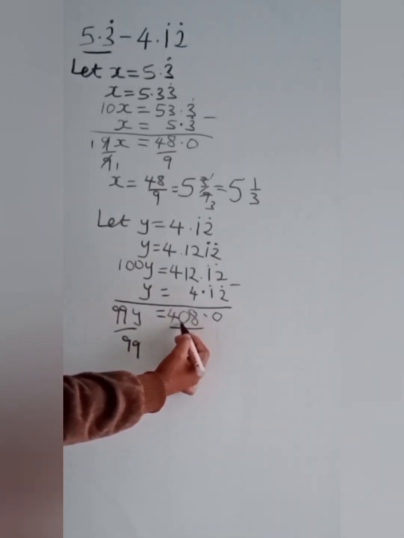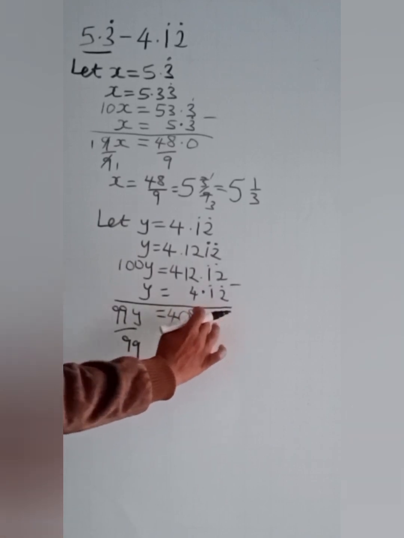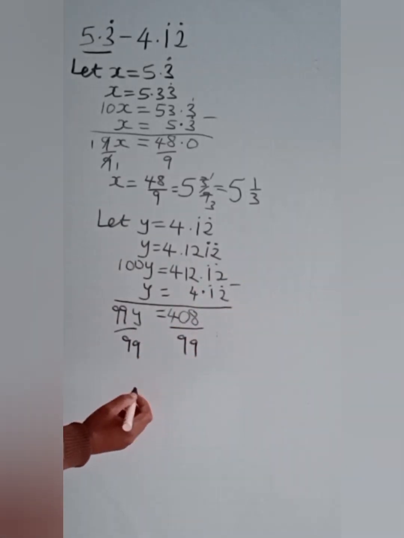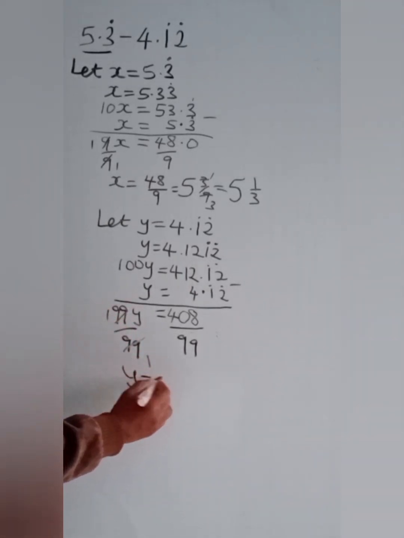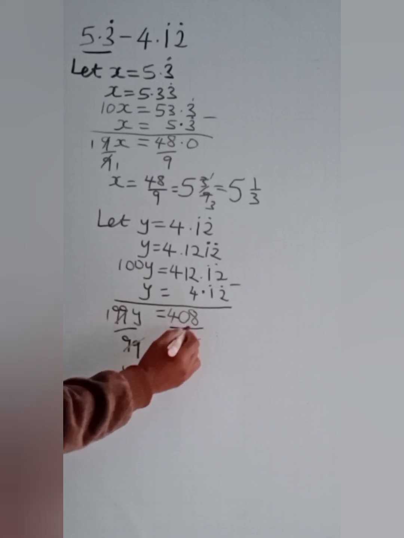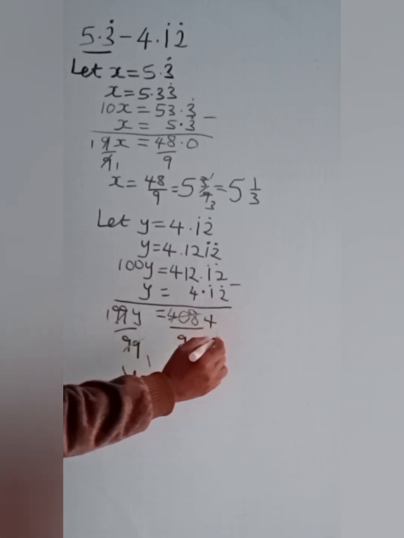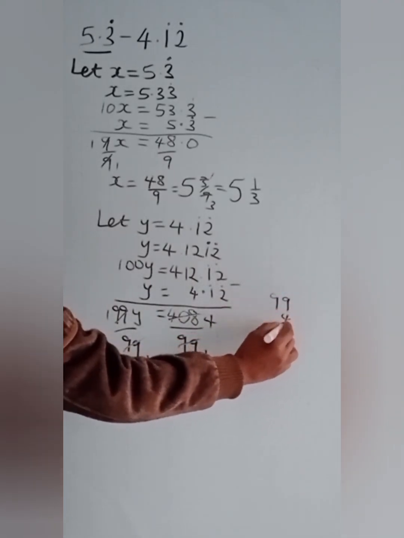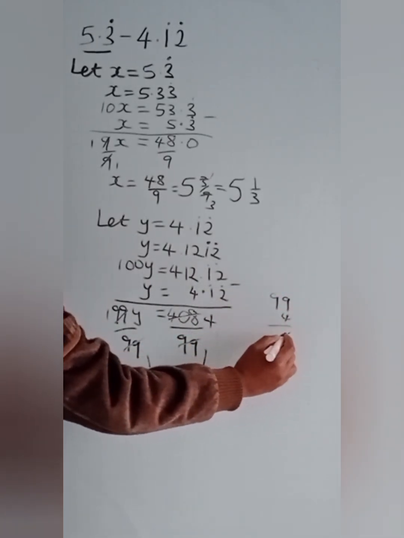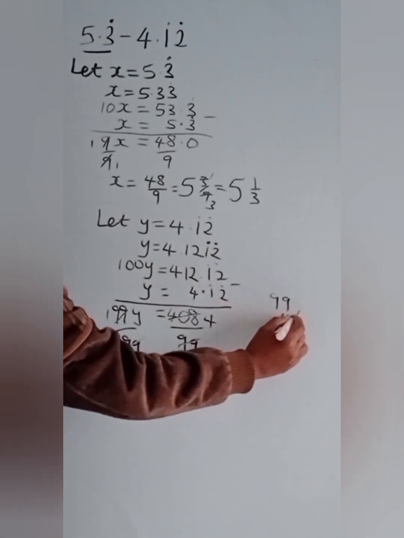Remember, 408.0 is just the same as 408 because 0.0 does not change anything. So in that case, this cancels here once, and it cancels here once. We remain with y being equal to 408 over 99. 99 times 4 gives us 396.